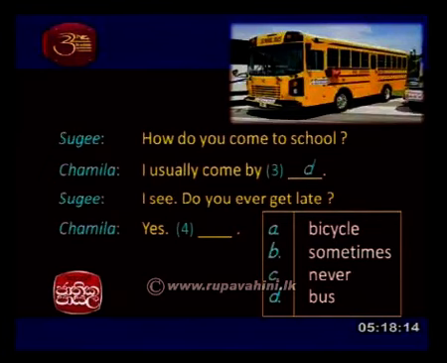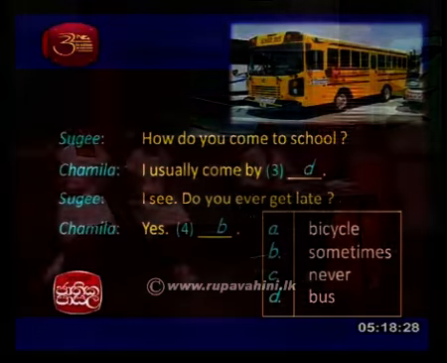Yes, what is the answer? Sometimes. Can't you use never there? You can't. Why? Yes is there. If you say yes, do you ever get late, then sometimes. Right? You can't use never. Right. The next one.